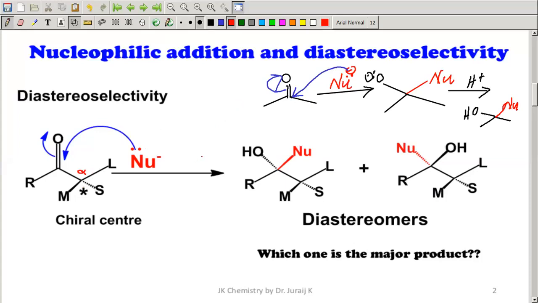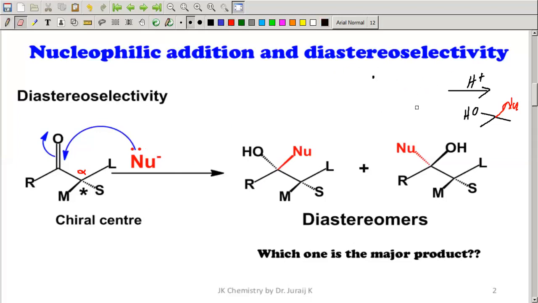So, for what purpose? Listen here, if you do nucleophilic addition to this carbonyl compound, two possibilities are there. Either the nucleophile can attack above the plane, top face attack, which means your nucleophile becomes a wedge, or your nucleophile can approach through the bottom face.